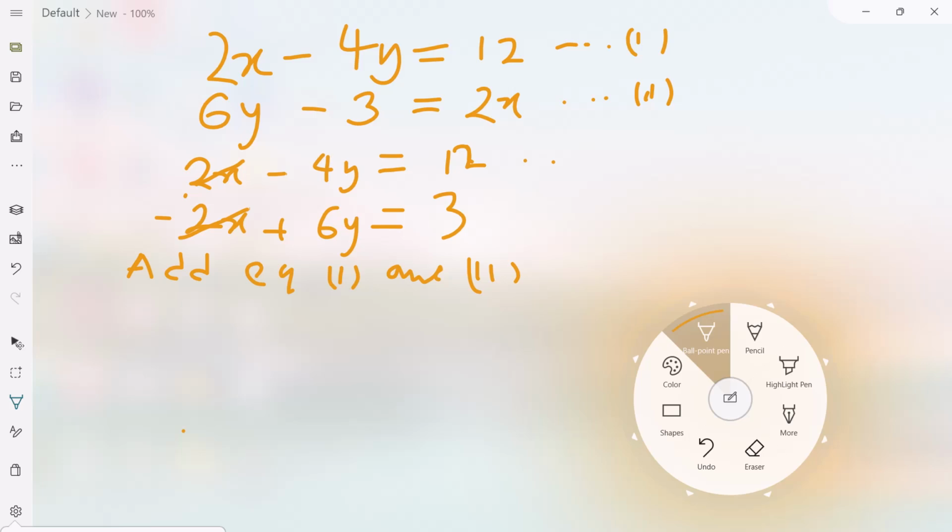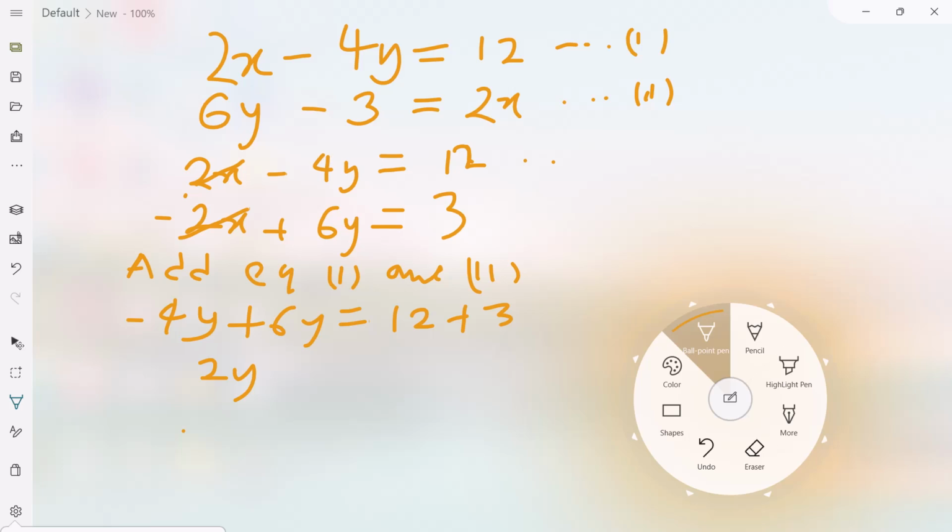So I will have minus 4y plus 6y is equal to 12 plus 3. So minus 4y plus 6y will give me 2y.